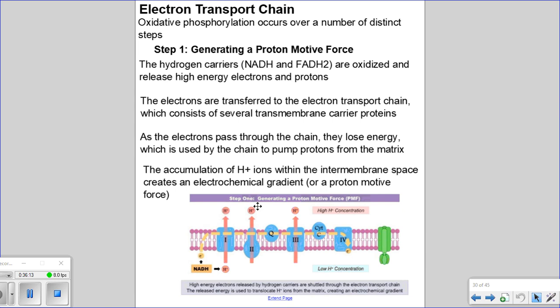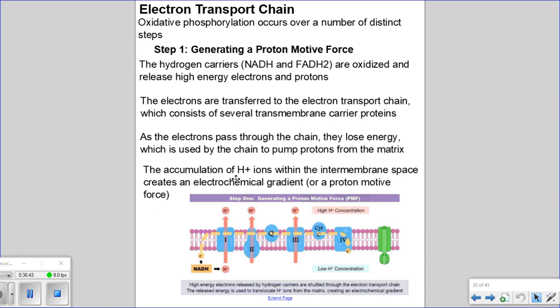Now, in the previous parts of the course, we would have talked about the fact that it would be ATP that would be used to drive this, but because we're going to be generating ATP, we don't want to be using ATP at this stage. So we can harness the energy within those electrons to drive those hydrogen ions from one side of the membrane to the other side of the membrane, creating this high concentration of hydrogen ions.